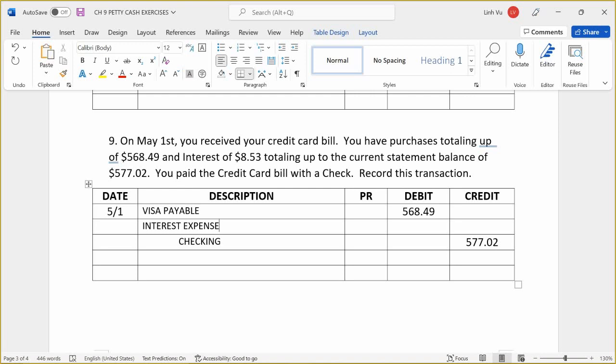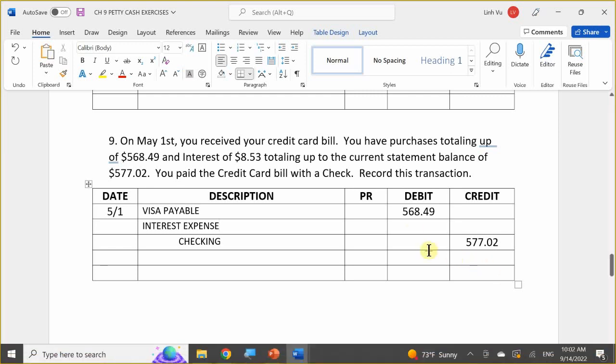You're paying an additional payment, additional fees. So you're going to record that as an interest expense for how much? $8.53. So here, this is what we owe, this is the interest I was charged, and this is my payment. That's how you have to understand it.